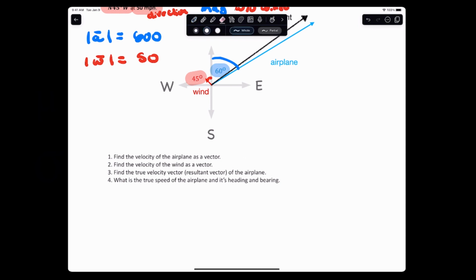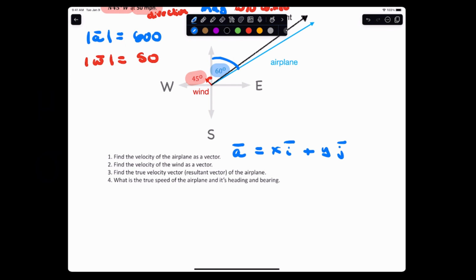They want the vertical and horizontal components. So we need to write it as, let's say, xi plus yj. I just changed the letters because I already have the letter A taken.